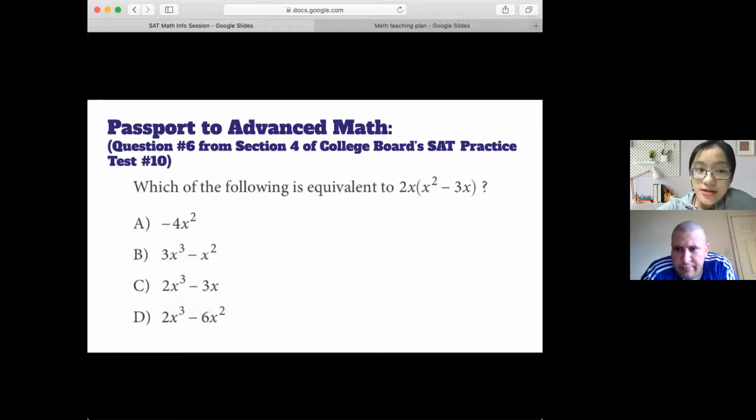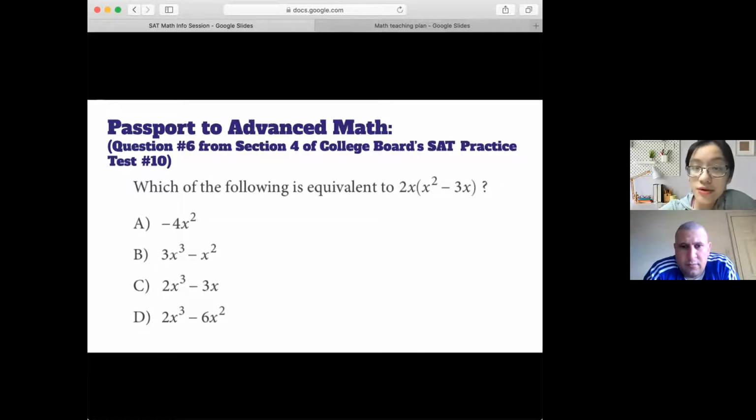Our second math question is from Passport to Advanced Math. This is question number 6 from section 4 of College Board's SAT practice test number 10. The question is: which of the following is equivalent to 2x times x squared minus 3x?